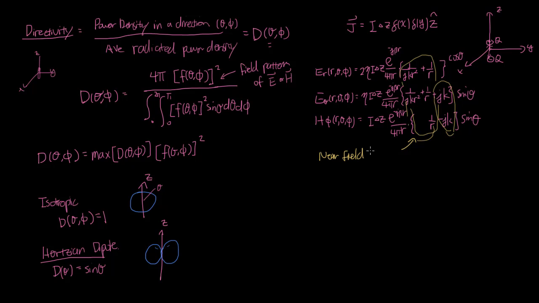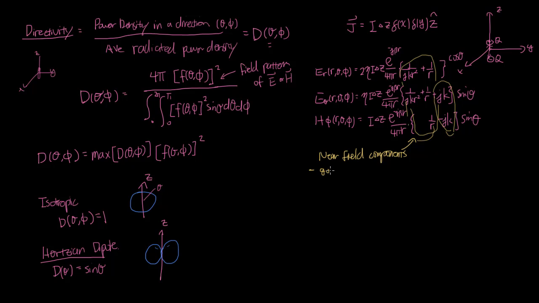So note that while you're close to the antenna, these are non-trivial, right? But as you get farther and farther away, as r increases, these will go away. So this antenna has a set of near field components.